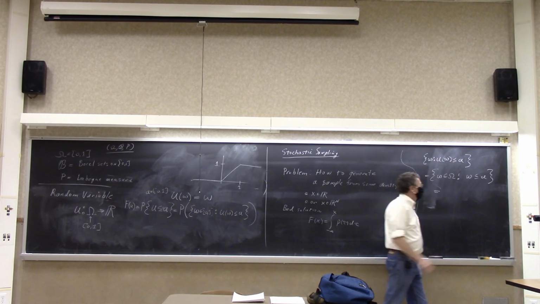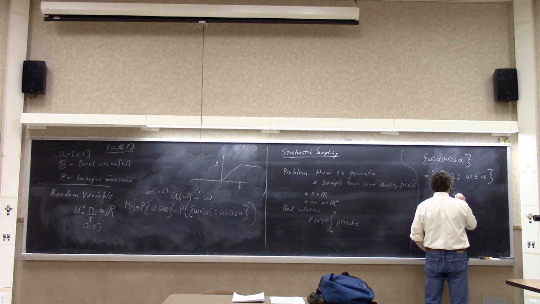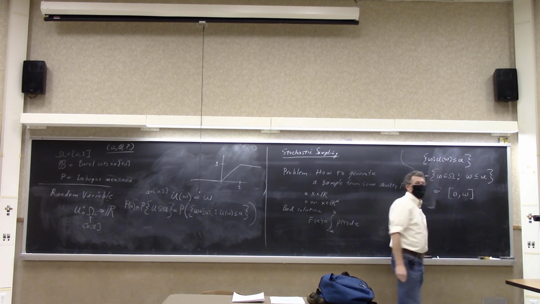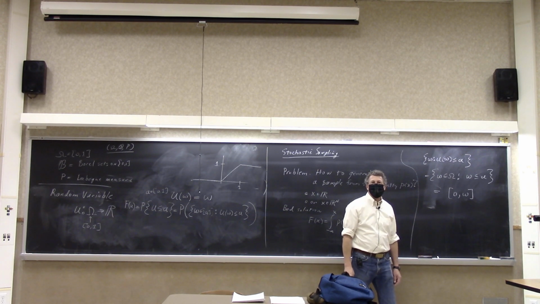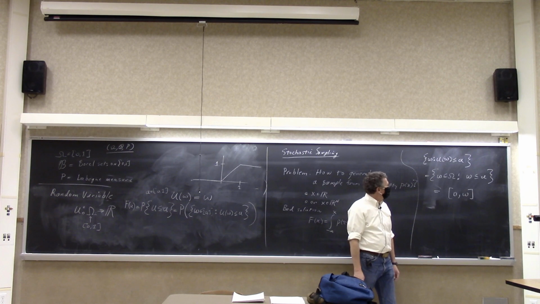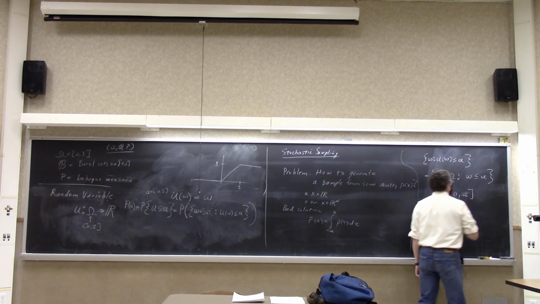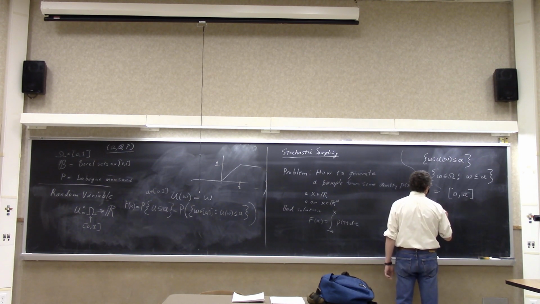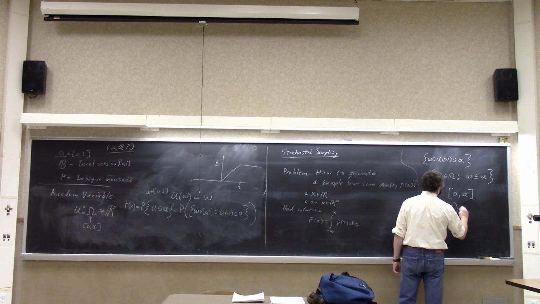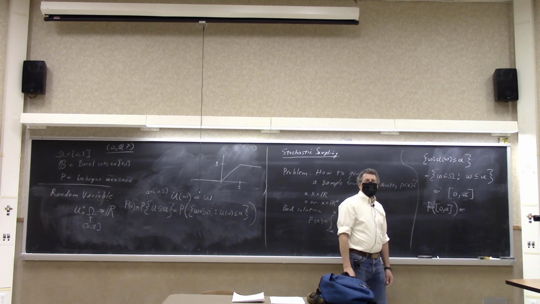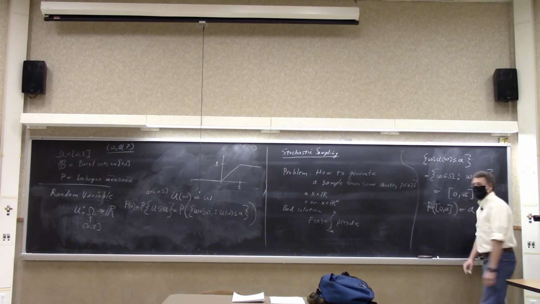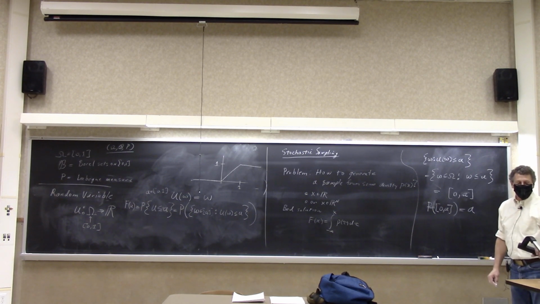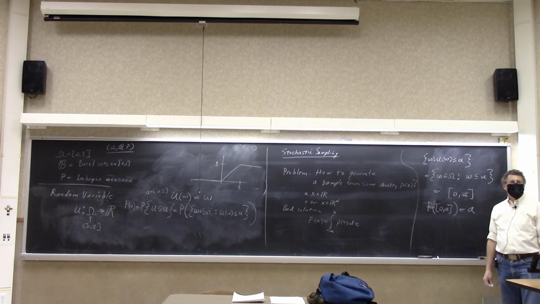That's the interval from 0 to a, right? So then what's the probability of the interval 0 to a? It's a. Because we're using the Lebesgue measure, so it's the length of the interval. Correct?